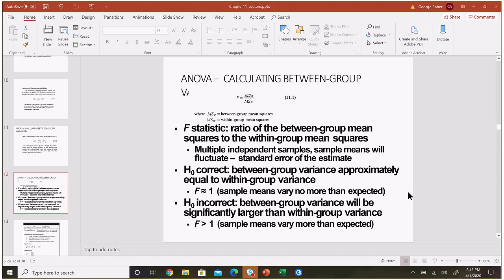You probably won't use them too often, but on page 308 in the book, it does have the F distribution cutoff values, and you'll notice that there are two different.